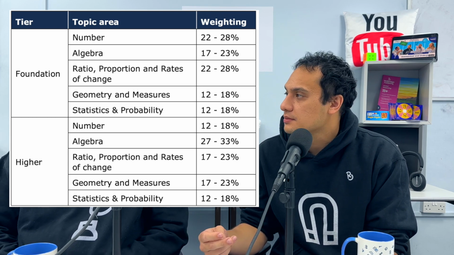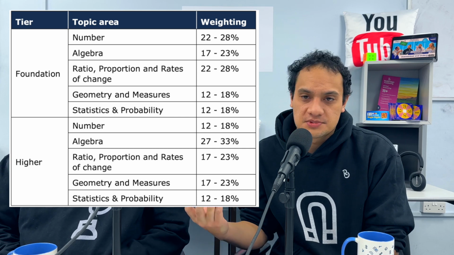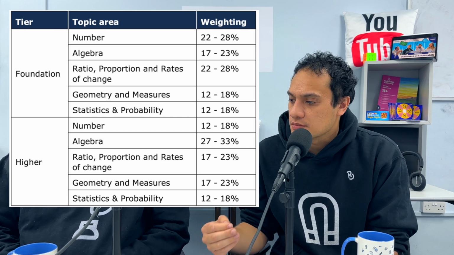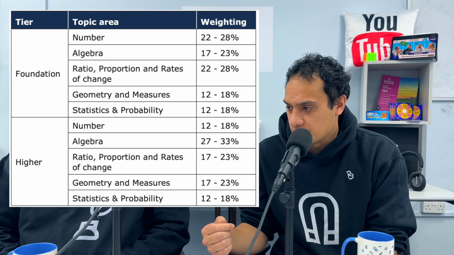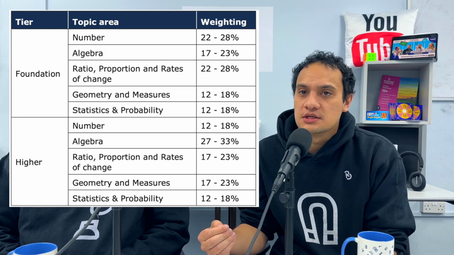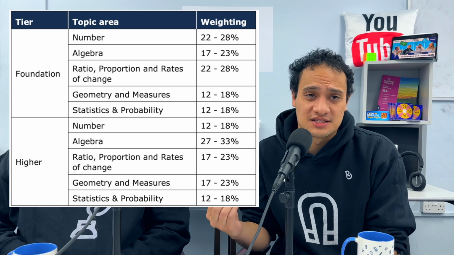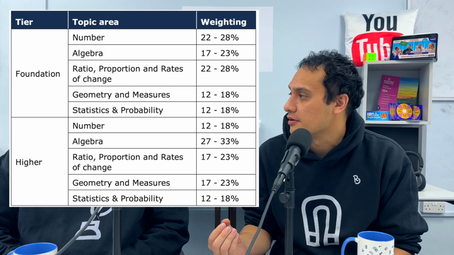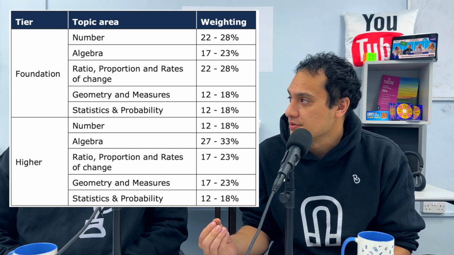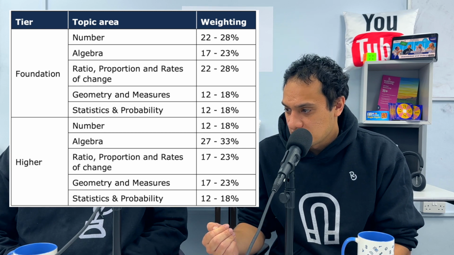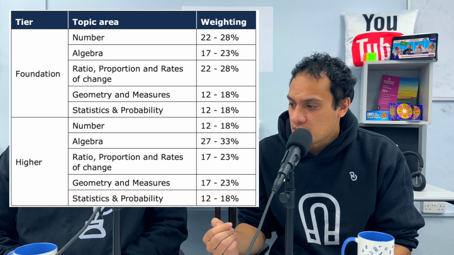There's a stronger weighting. Which totally makes sense. Ratio and proportion and rates of change are given more emphasis in the foundation paper, which again makes sense because it's pretty practical to know about ratio and proportion. In everyday life, we tend to use ratios, proportions, fractions, decimals.